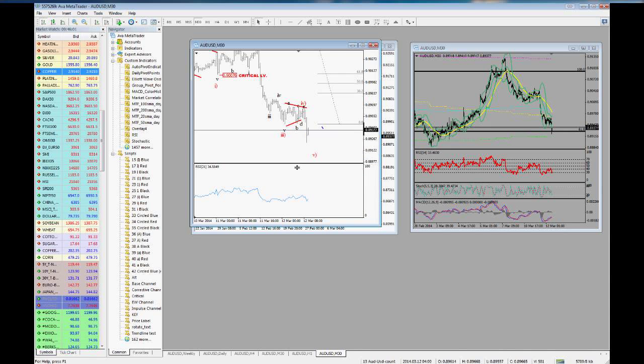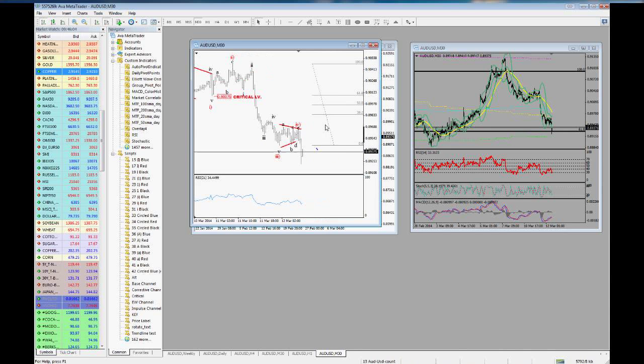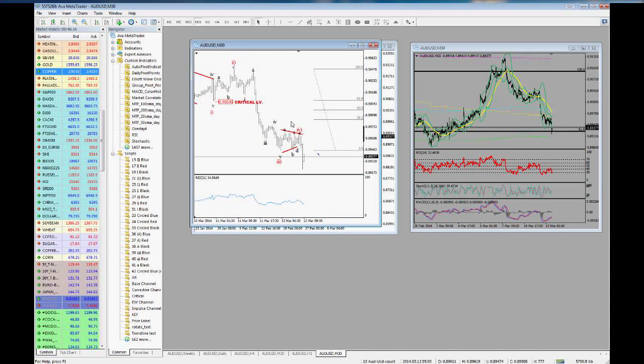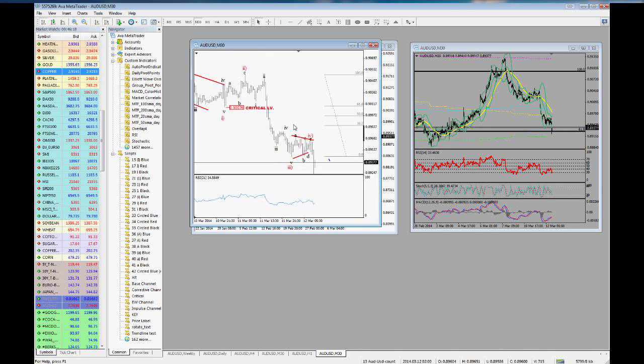Now I have received many questions if I'm also trading on indicators, and simply put, no, I don't. I just use indicators to confirm my wave count. The Elliott waves are my primary tool. So here's a good question: why don't indicators work?